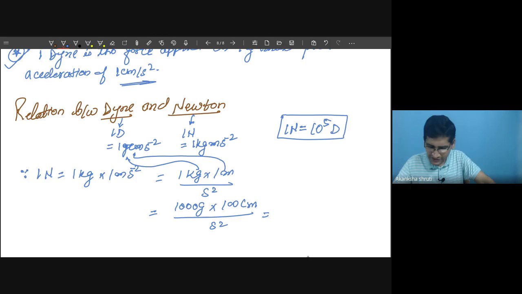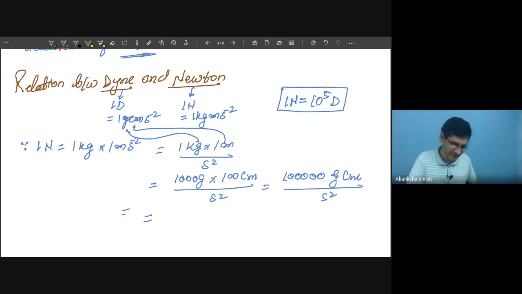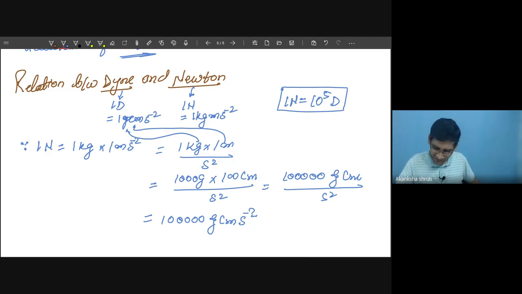Now whatever the multiplication of numbers, you just keep it together. So 1000 and 100 give 10 to the power 5, and there is then gram, then centimeter by second square. In the denominator, second square can be written as second to the power minus 2. So this is the relation between kg meter per second square and gram centimeter per second square.